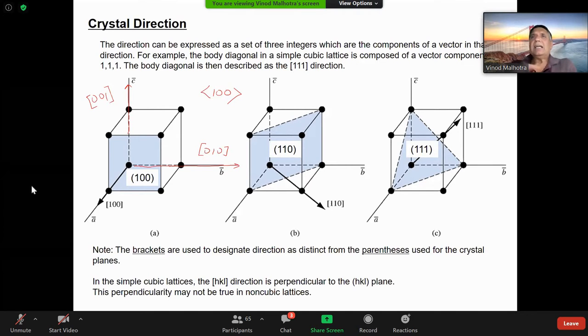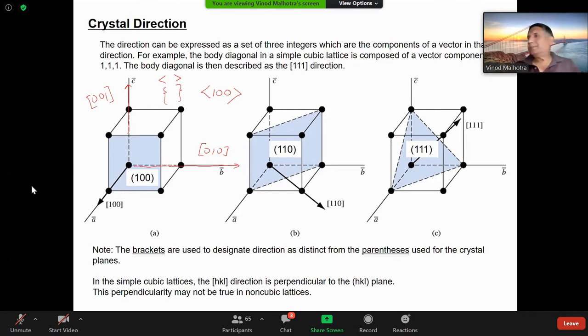I don't think this is in the book, but it is good to know that families of directions are given by this bracket, and families of planes are given by this bracket. The idea of family itself is important because of the crystal symmetry, right?